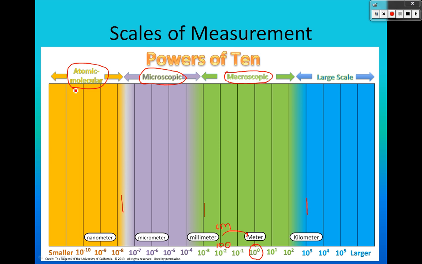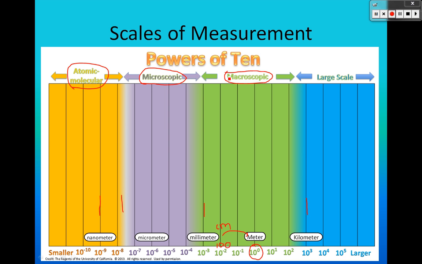You'd think if we had this tool, we could see the nucleus inside, and we just don't have that tool. 1,000 units down from a micrometer is a nanometer. That's 1/1000th of a micrometer, 1/1,000,000th of a millimeter, so 1/1,000,000,000th of a meter, or 1 billion nanometers is a meter. And that's what we call the atomic molecular scale.